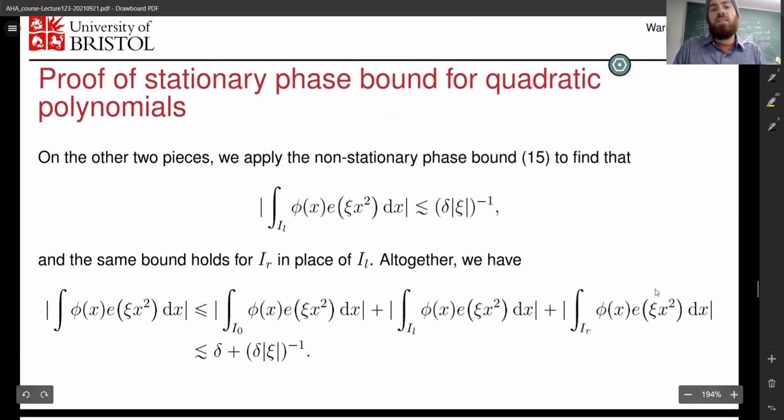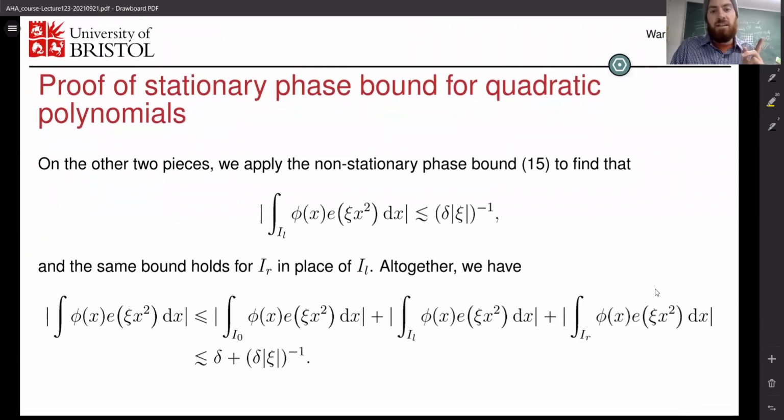But on the other 2 pieces, we do get to apply non-stationary phase, and we can apply it in the rough form. Even though my phi was smooth, this indicator of I is not smooth. It applies a sharp cutoff here. And when you just do the non-stationary phase bound, if delta is how close to 0 your first derivative can be, then you end up getting 1/delta times c as your bound.